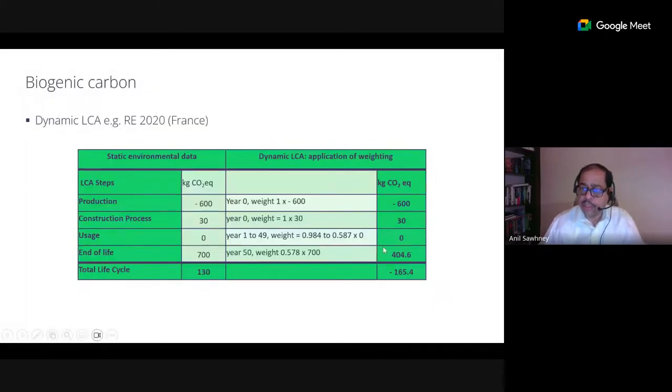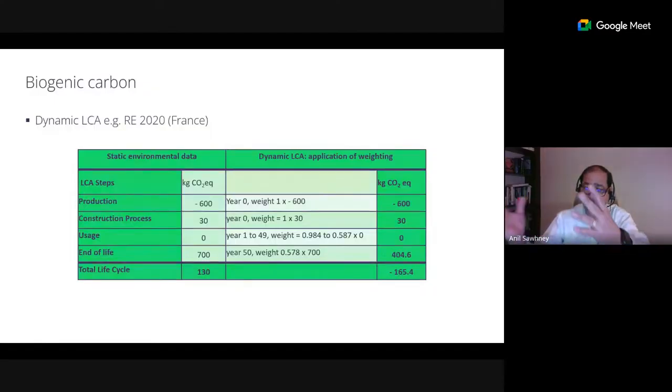So more or less same thing is happening here. End of life, 600 is going to be released back because it was sitting in the timber beam. You spent 100 more for deconstruction. So still the total was 700, but it gets reduced.